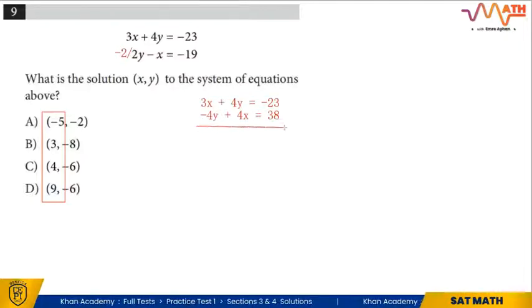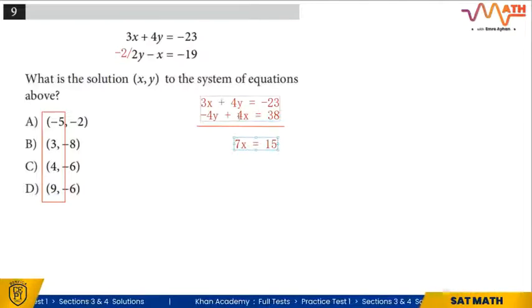And we add them up, what is left? 4y is simplified and 7x is left, is equal to 15, right?